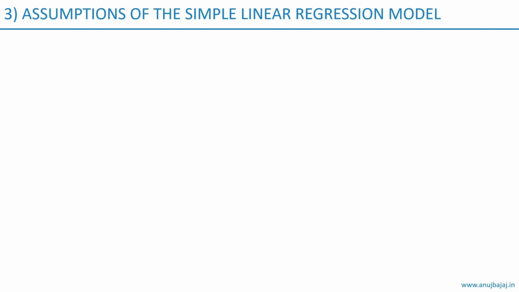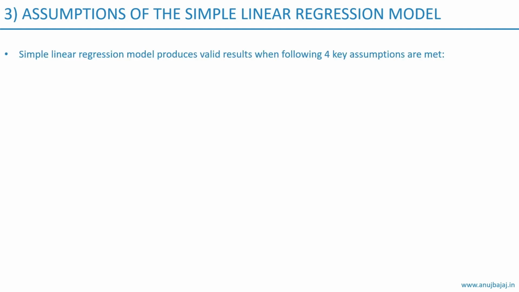Now let us look at some of the assumptions made by the linear regression model. The simple linear regression model produces valid results when the following key assumptions are met. The first assumption is that the two variables, the dependent and the independent variable, have a linear relationship. But if the relationship deviates significantly from linear, then the results produced by this model will be incorrect.